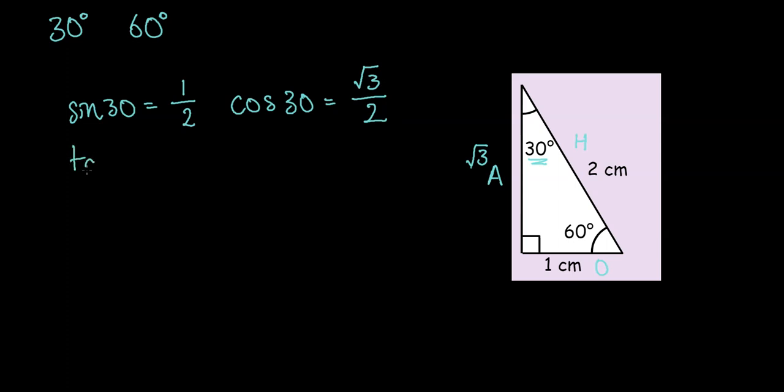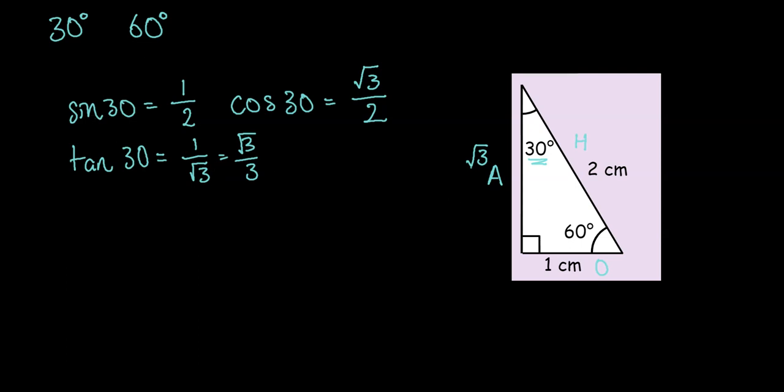Now let's have a look at tan. So tan is opposite, which is 1, over the adjacent, which is root 3. Okay, so we can also rationalize the denominator here, so that would be root 3 over 3. Those are our exact values for sine, cos, and tan of 30 degrees.